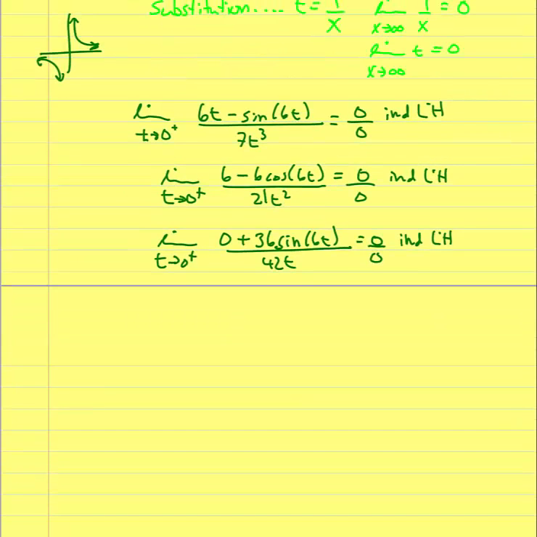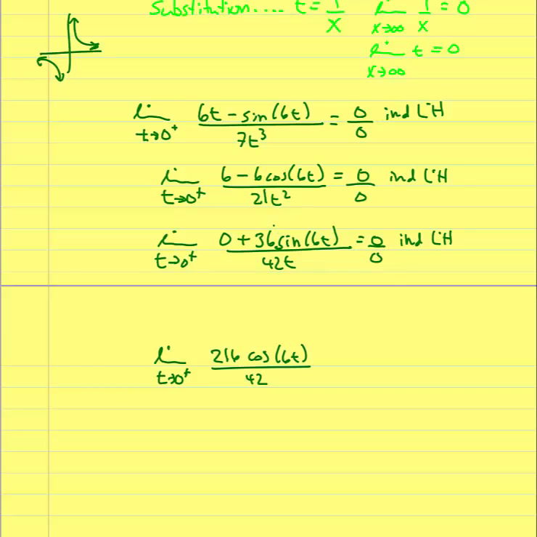And we should be almost done with this, because when I take another set of derivatives, what ends up happening is this is going to finally go to a constant. The derivative of 36 sine 6t is going to be 216 cosine of 6t all over 42. Now the 216 comes into play when I take the derivative of 6t.